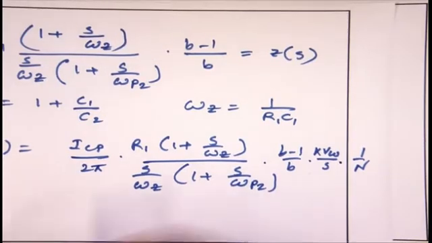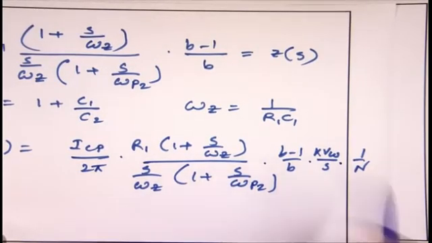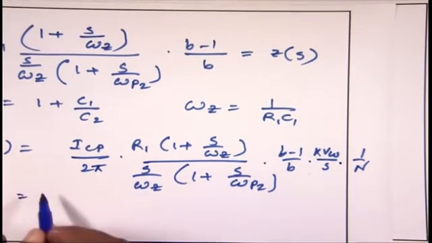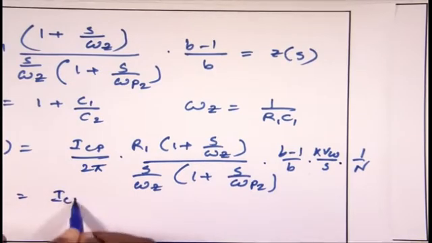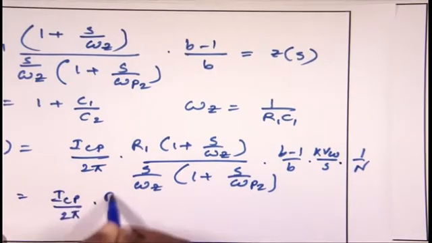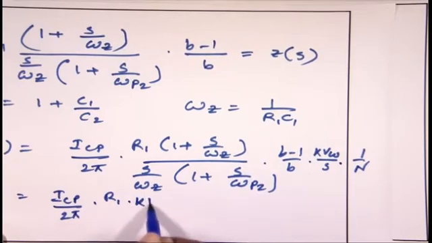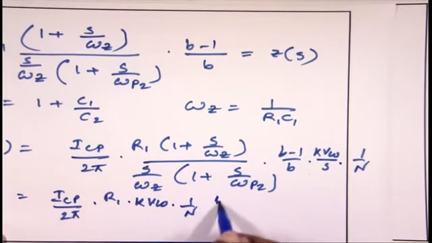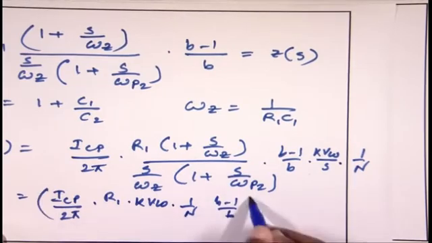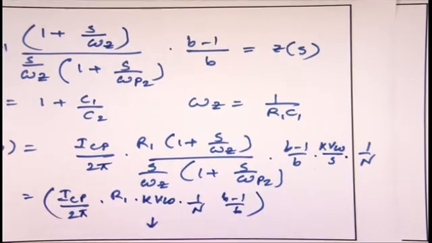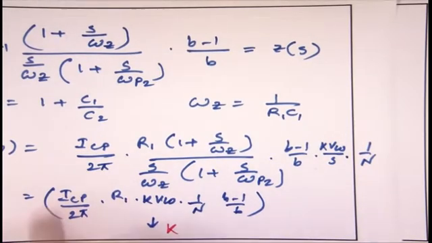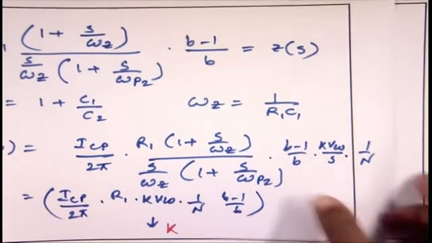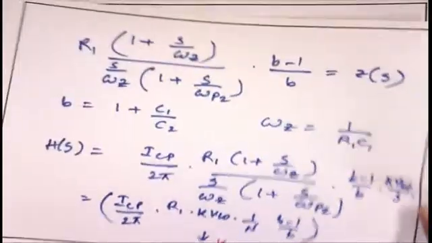Out of this, if I omit the frequency dependent term, ICP by twice pi into R1 into K VCO divided by N and B minus 1 by B, I will put as a constant term, let us say K. So this is basically K into some S domain transfer function.